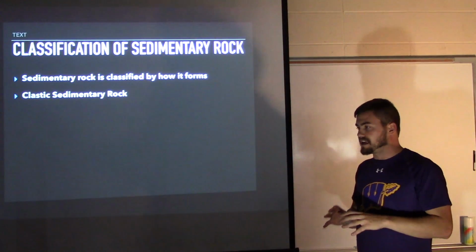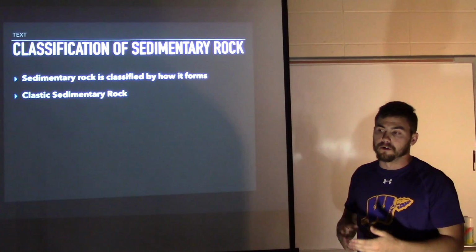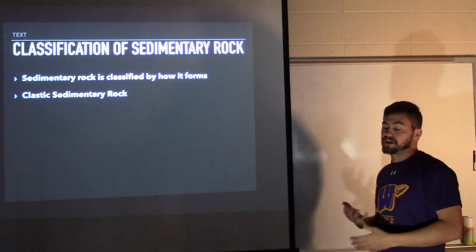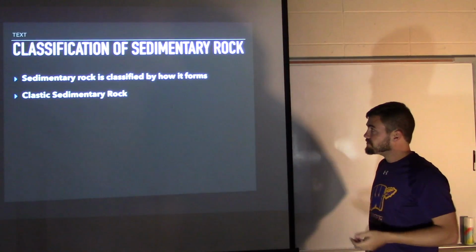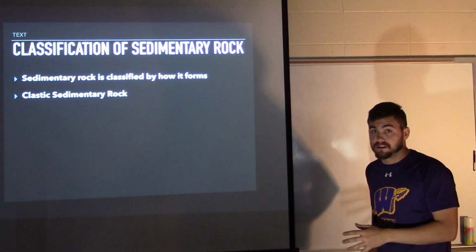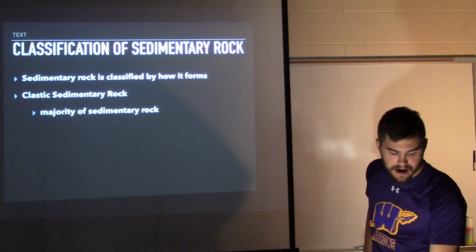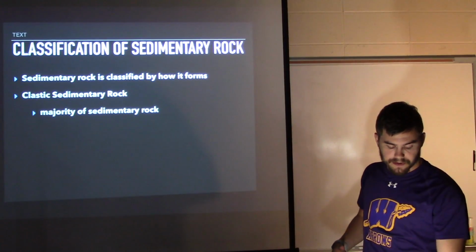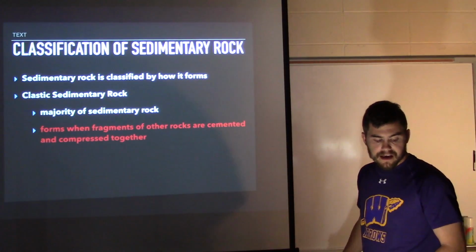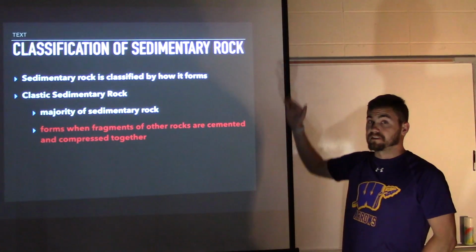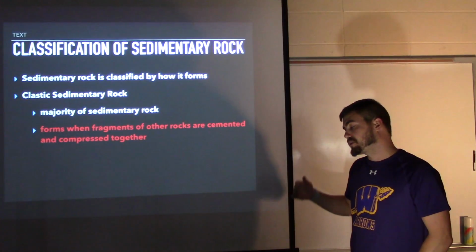So we need to take sedimentary rocks and classify them so we can understand what the conditions were that formed them. And that's basically how they are classified, by the way they're formed. Clastic sedimentary rocks are the majority of sedimentary rocks you find around our planet, and they're the ones that form from the steps we covered before.